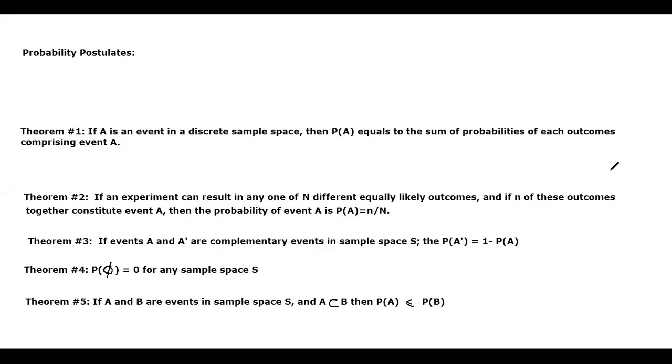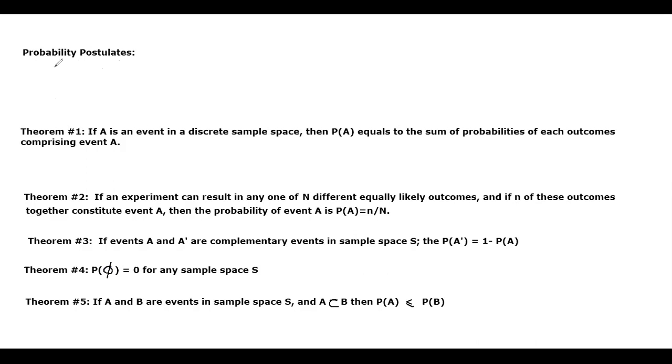For the probability postulates, we have 3 basic postulates that have to be satisfied in order for something to be called a probability measure. Also, as we go through these theories, you'll find that a lot of them are kind of common sense, so if you understand that, it's not too complicated.